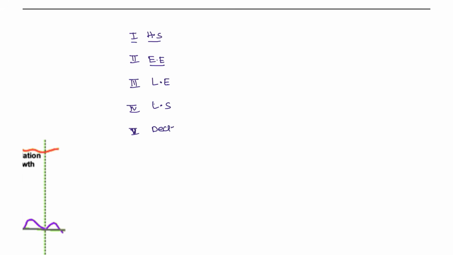So in the first phase, the birth rate is high, and the death rate is also high. In early expanding, the birth rate starts to fall. This is the slow phase.